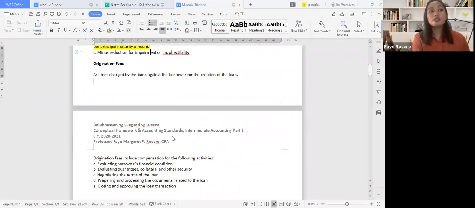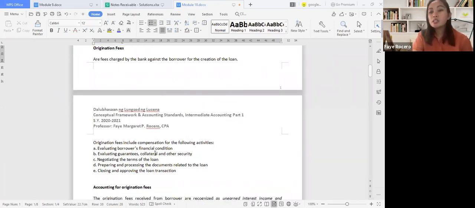And now the direct origination fees. So of course, when you borrow from a bank, there are fees for allowing you to borrow. But for this case, as I said, the perspective is we are the bank. So what do we usually charge fees for? For example, we need to evaluate a borrower's financial condition, right? Conducting credit analysis.